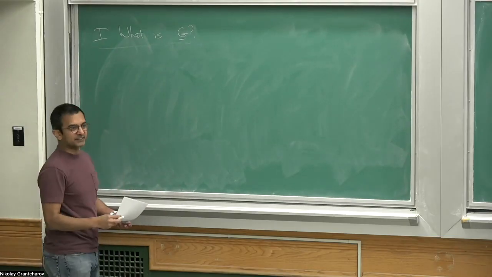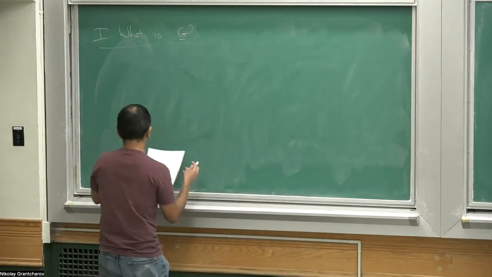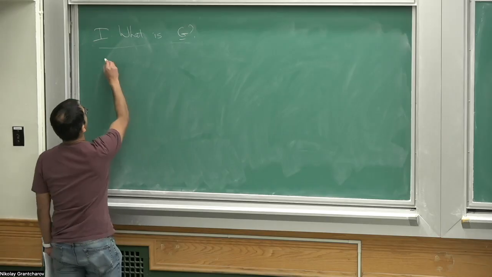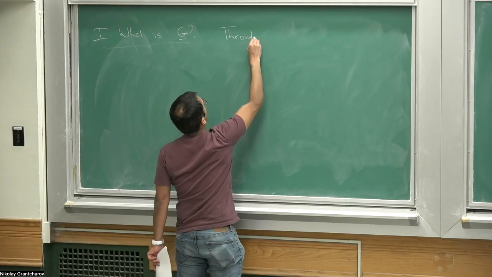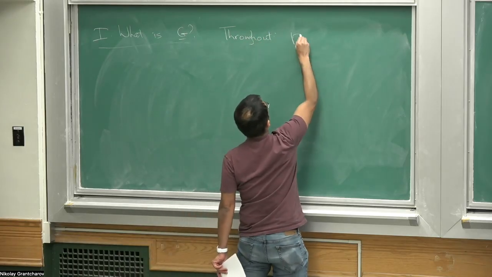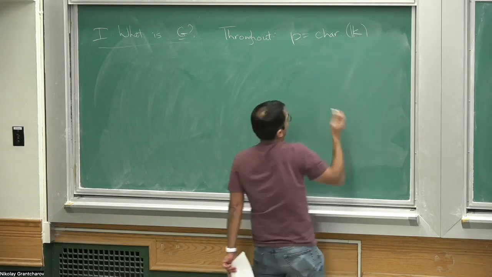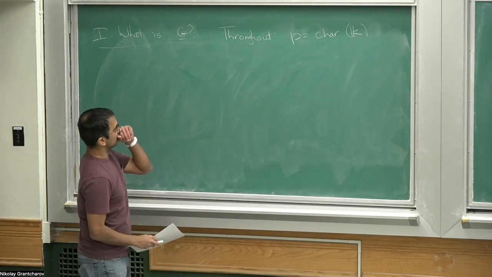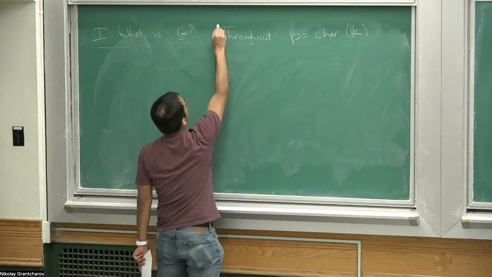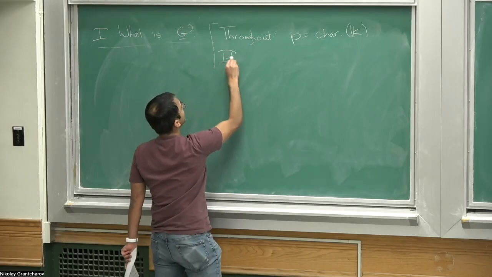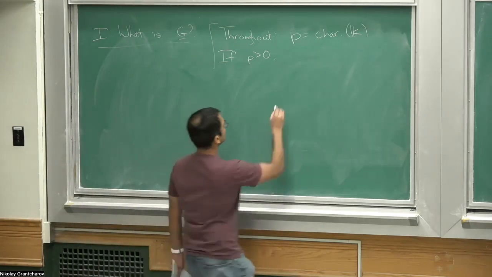So part one is, what is G underline? I'm going to explain the positive characteristic case first. Let me impose some assumptions. Throughout, I'm going to use the letter P for the characteristic of K. So it might be 0 or it might be positive. If P is positive, then I'm going to require it to be not too small.